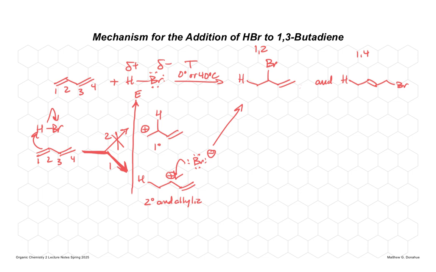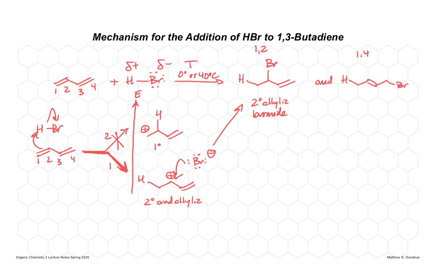And so we would end up with the secondary allylic bromide as the major. Notice that we still get some of the minor to a lesser extent. But how do we form the 1,4 when we elevate the temperature?